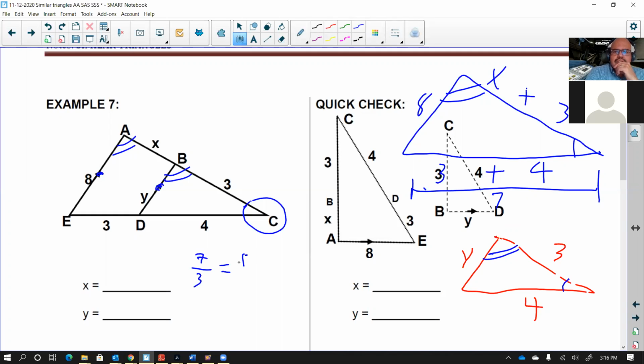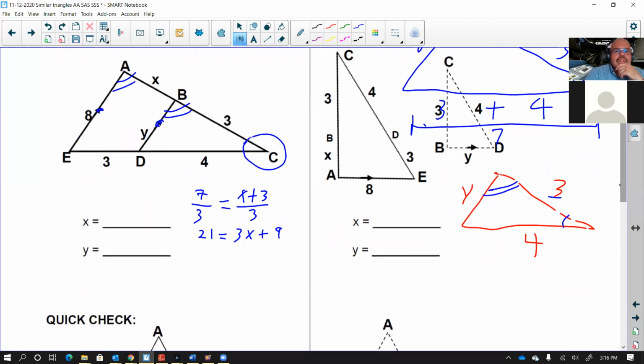So we have x plus 3 divided by 3. Cross multiply, divide. So 3 times 7 is 21, 3 times x is 3x plus 9. Now I'm going to subtract 9 from both sides. That gives me 12. Let me see. Make sure I have the right one.